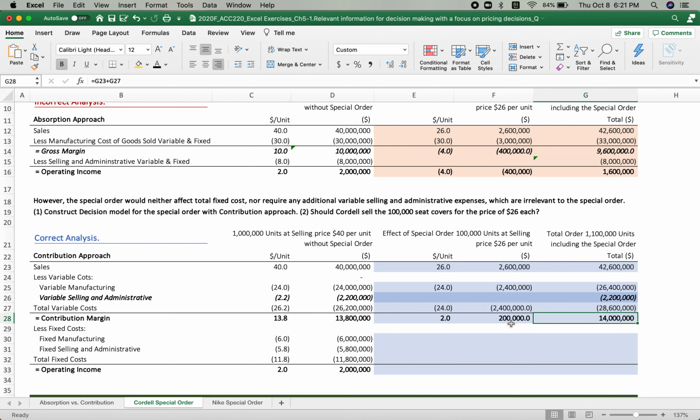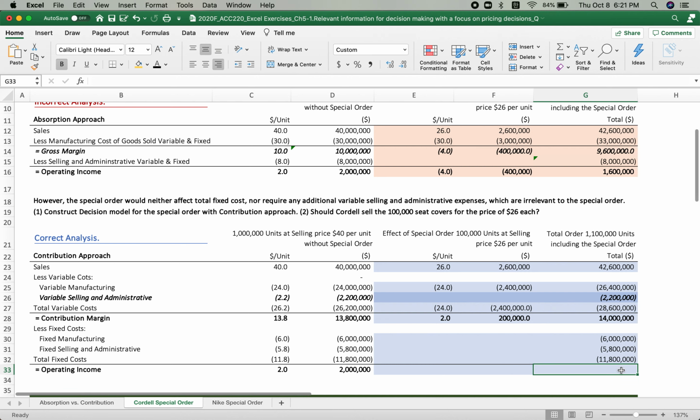Now we increase by 200,000 more, right? And then fixed costs are also irrelevant to the special order, so we do not increase any of this here. So the total amount is exactly the same as this fixed cost.